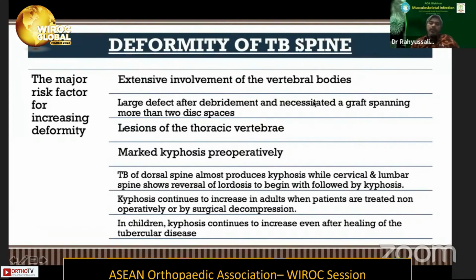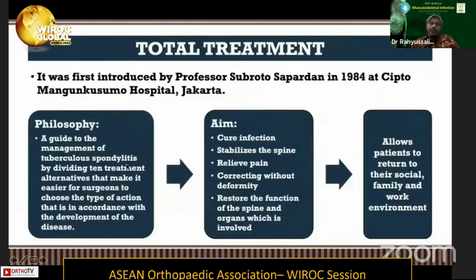So I think we always have to develop our system to deal with this problem. The total treatment, introduced by Professor Subroto Sapardan in 1984 at Cipto Mangunkusumo Hospital, has the philosophy of a guide to management of TB by dividing it into 10 treatments, with the aim to cure, to stabilize, to relieve pain, correct the deformity, and restore the function.